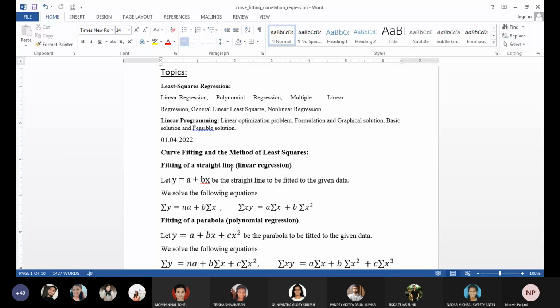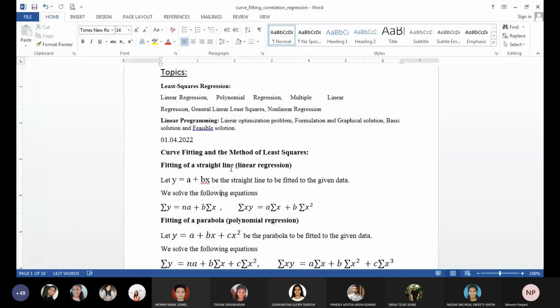Okay, y equals a plus bx is the equation of the line, and the equations which we use to solve to get the values of a and b are summation y equals n into a plus b into summation x. Second equation is summation xy equals a into summation x plus b into summation x square.